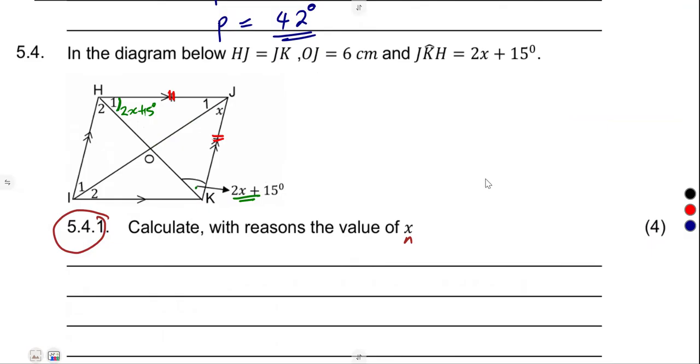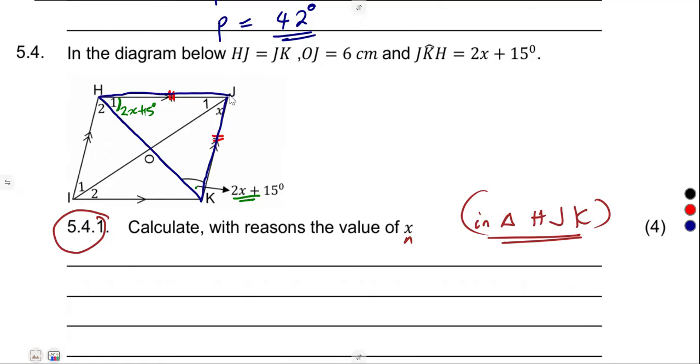Here I want to show you the triangle. Let's work with triangle HJK. In this triangle HJK, I want us to see what is happening. This is the triangle that we are working with, and we are saying this triangle is an isosceles triangle.